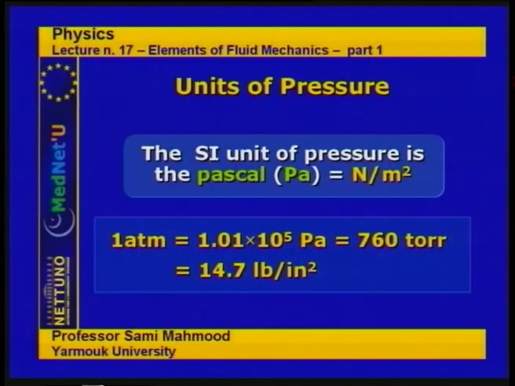So pound is a unit of force, and inch square is the unit of area in that system, and thus we get this unit in the British system, and it is related to the previous units by the fact that one atmospheric pressure, 1 ATM, is equal to 14.7 pounds per inch square. So this formula gives us a relation between the different types of units of pressure.